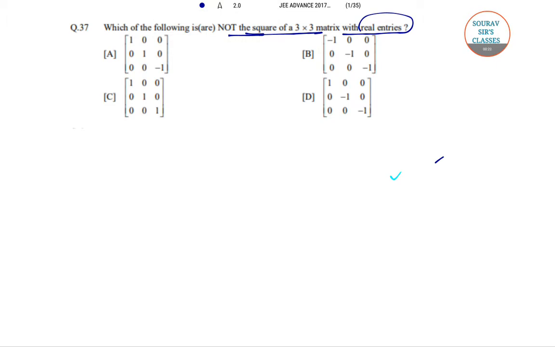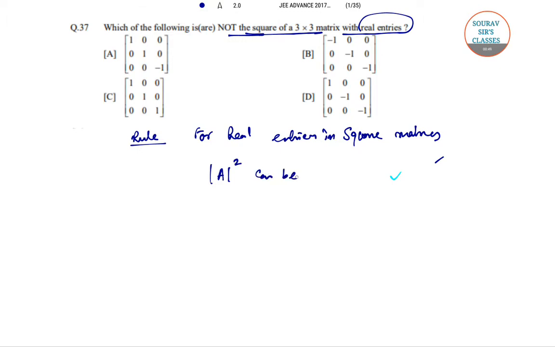So here, the rule is that for real entries in square matrices, you have to be sure about one thing: this square cannot be negative. It can't be negative. So this is the main thing we have to remember.